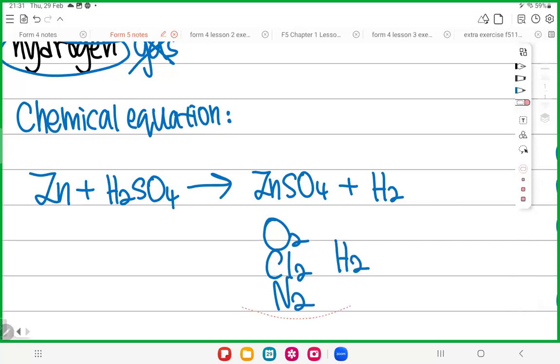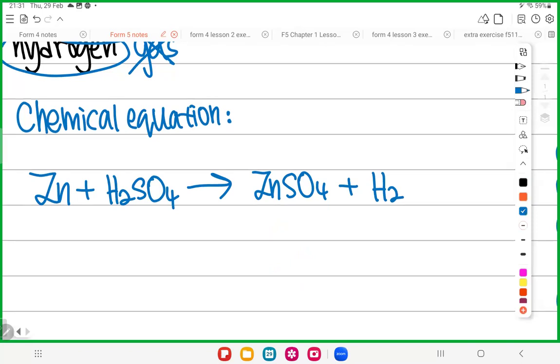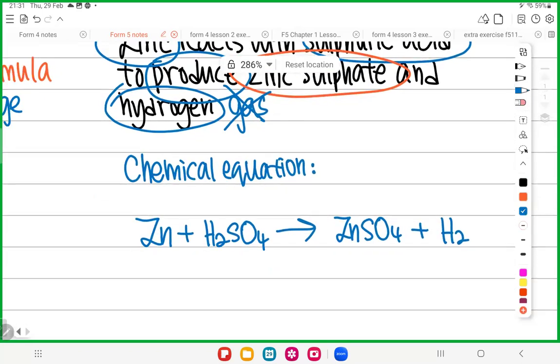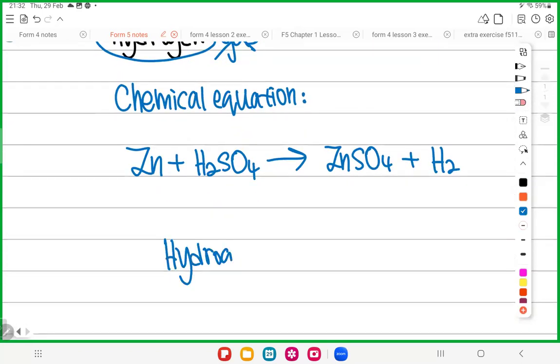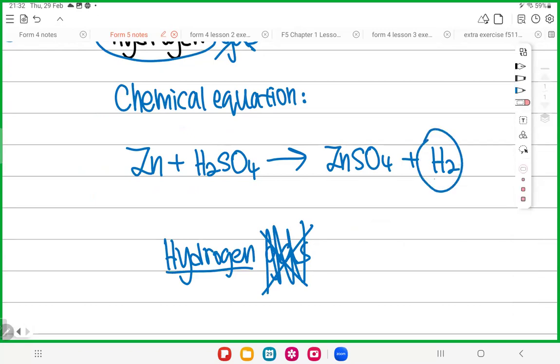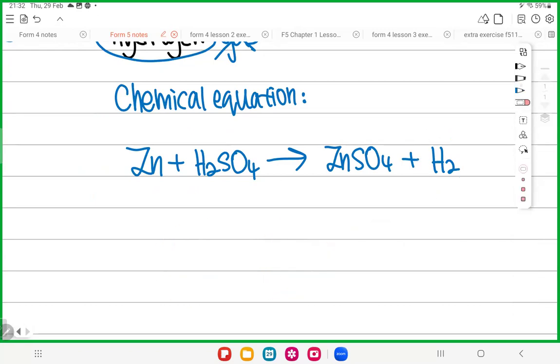So most of the gases come in two. Although they only write the word hydrogen, you should know it's a gas, even if they never tell you. So it's H2.